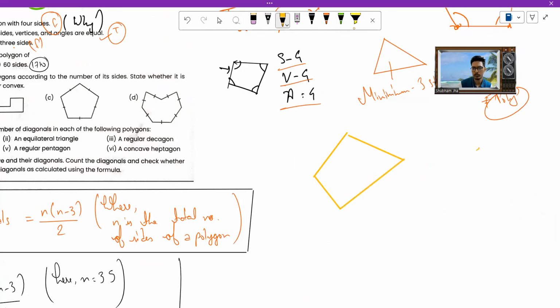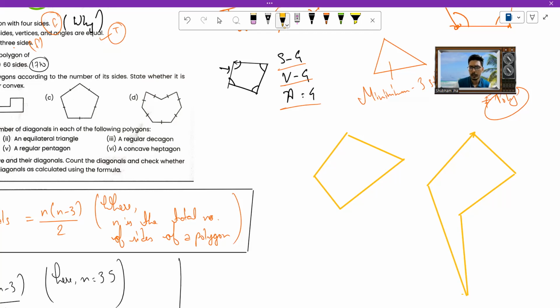Let's draw another polygon. Now just observe that if one of the angles is more than 180 degrees, it is concave.